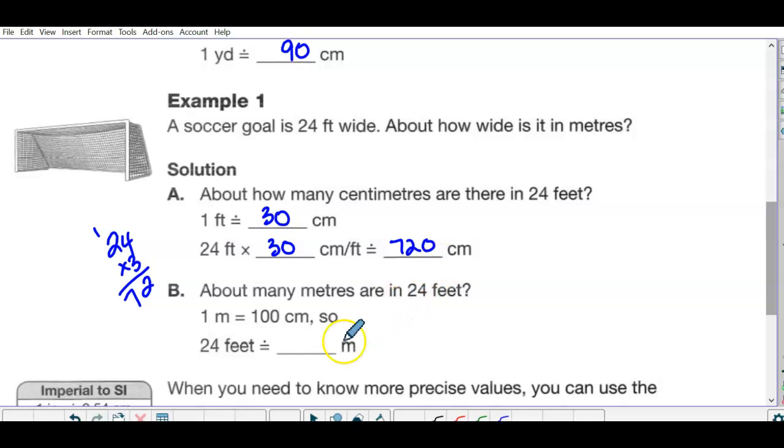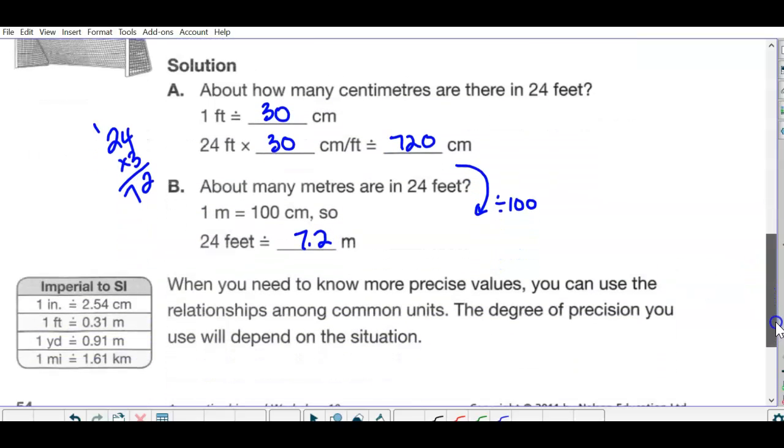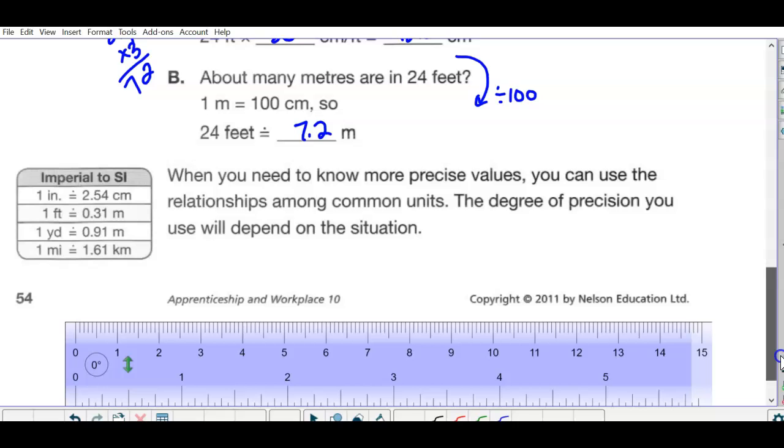Okay, and then about how many meters are in 24 feet? Well, if we know that we've got about 720 centimeters, then there's 100 centimeters. So here we're going to divide this by 100 to get meters, 7.2. Okay, so that again is approximating.